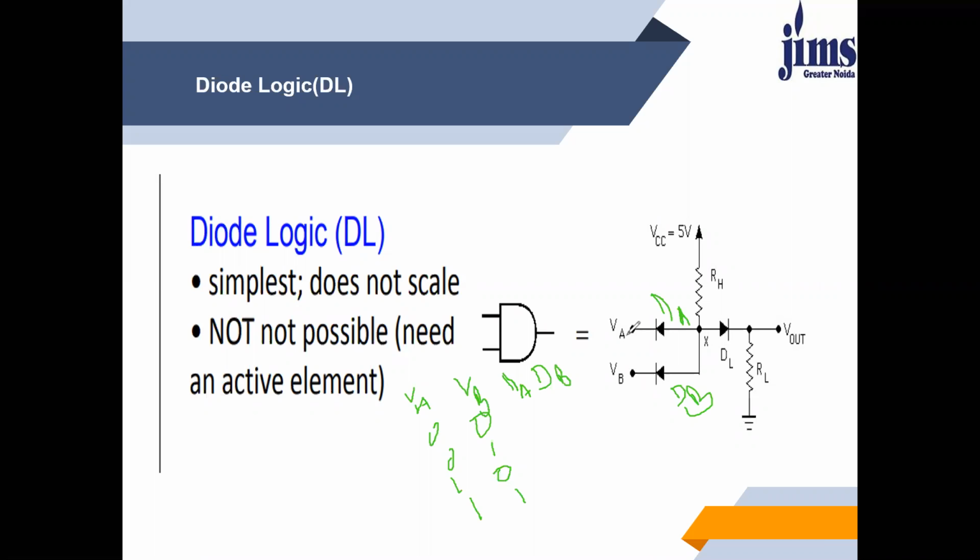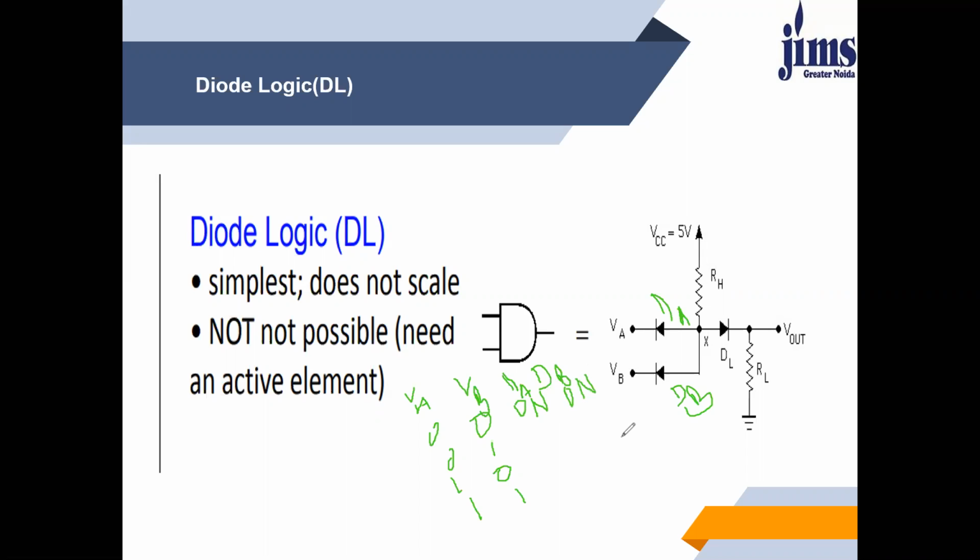Whenever we give 0 input at VA, at the anode of diode DA 5 volt is given and at the cathode 0 volt is given. That means the diode will work. So diode DA will get on. In a similar way, diode DB will get on.